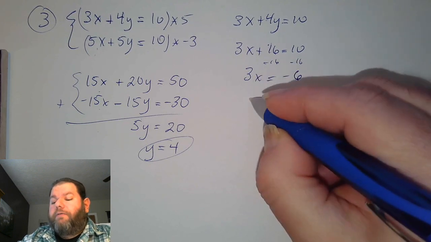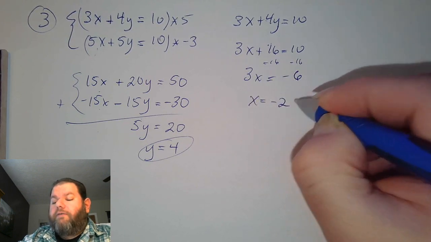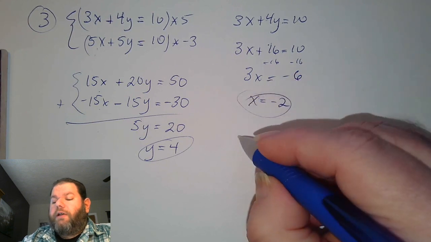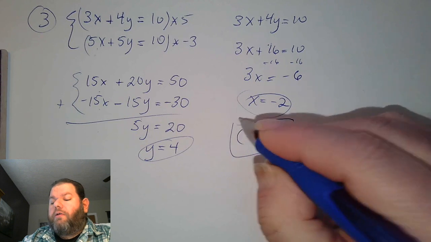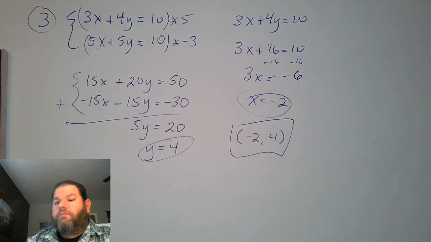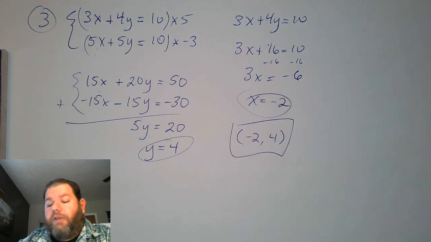And then divide by the 3, so x is negative 2. So we get negative 2 comma 4. And that point, or that coordinate, is the solution of both equations, basically the point of intersection of the graphs.